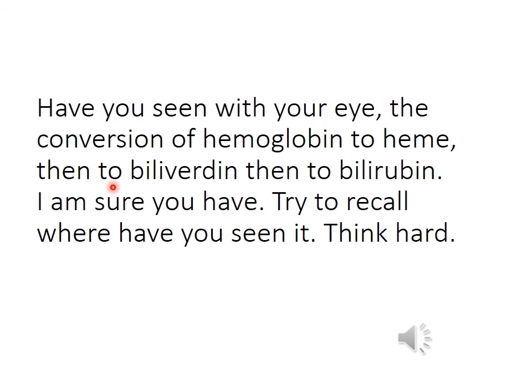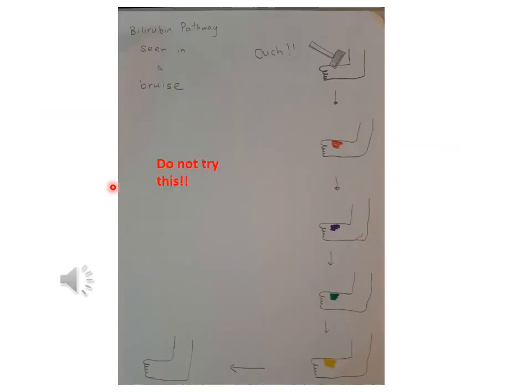Have you ever seen this conversion of hemoglobin to heme, then to biliverdin, then to bilirubin? I am sure you have. Please try to recall where have you seen it. Remember in your past, whenever you had a bruise, the colors changed.